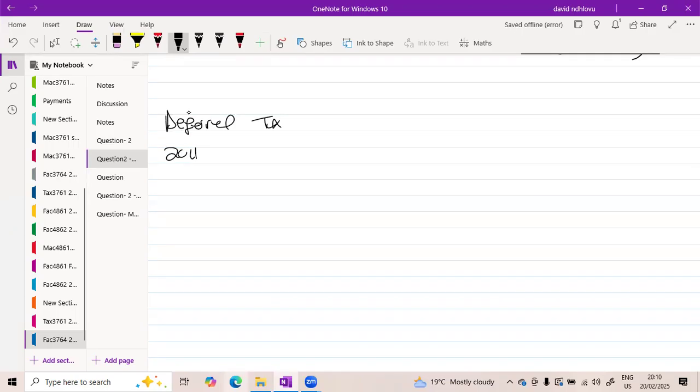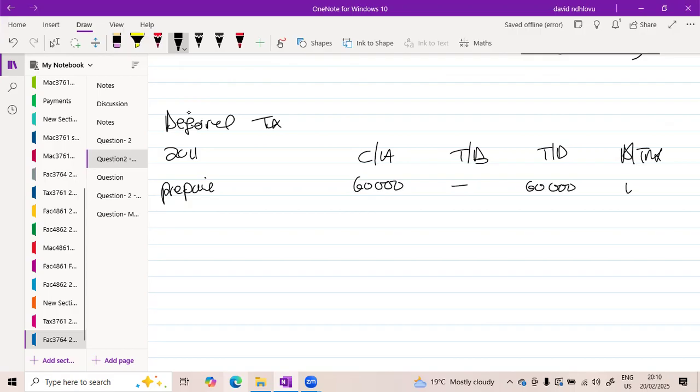We still have the prepayment, so I'll just say carrying amount, tax base, temporary difference, and deferred tax. So we still have the prepaid here. Same question, same information. We still have 16,800.